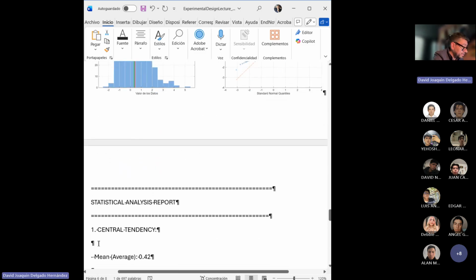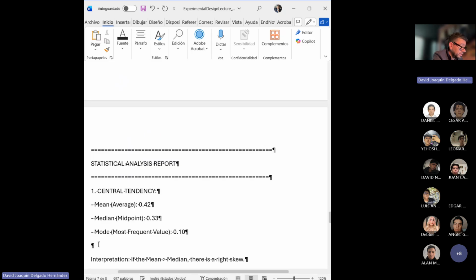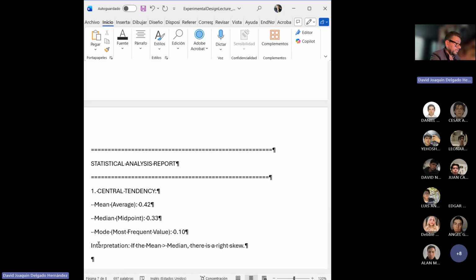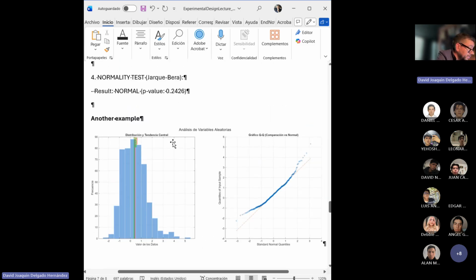But let us see. Here, the central tendency. The mean value is 0.42. The median is 0.33 and the mode is 0.10. So how do you interpret? In this case, if the mean is greater than the median, you can see here the mean is the red straight line and the median is the green line.